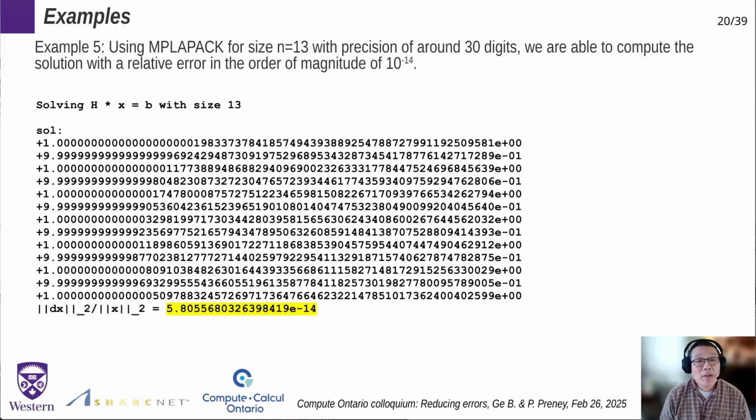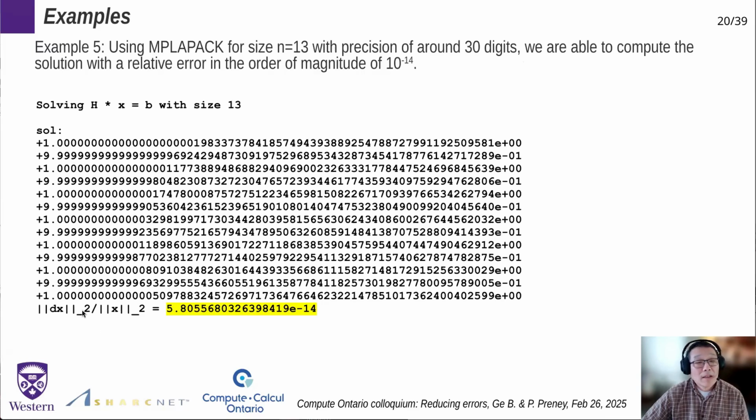So what do we do? Now we have to turn to some other tools for help. In this case, we're using a multi-precision LAPACK routine, which is a linear algebra routine, but in multiple precision. For size 13, we're using a precision of around 30 digits, and we get a solution. The solution looks very close to the unit vector.